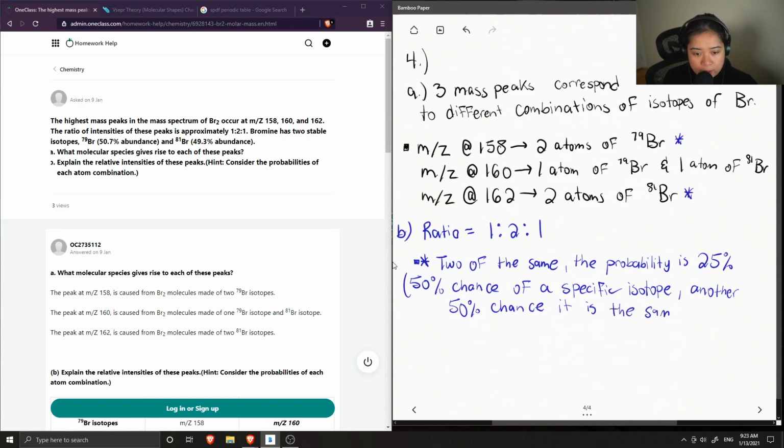So that's why the probability is 25%. So we can show this as 0.5 times 0.5 is 0.25.